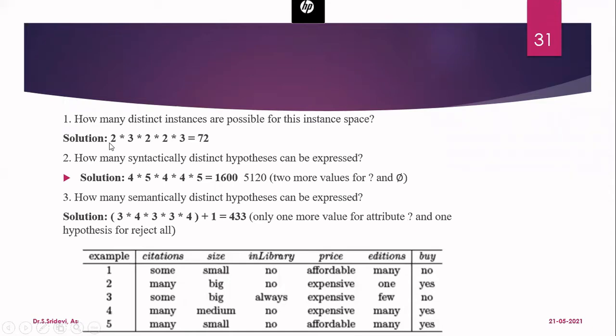Instead of 2, we write 2 plus 1, that is 3. Instead of 3, we write 3 plus 1, it is 4, and so on. Finally, we add 1 for the reject-all hypothesis. Totally, you will have 433 semantically distinct hypotheses.